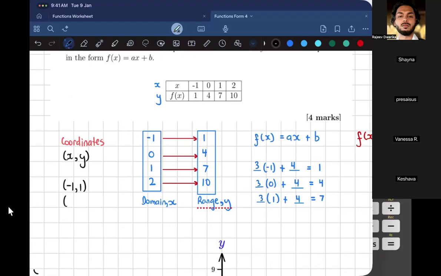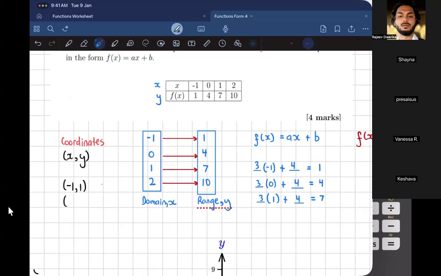Um, sir, I'm kind of confused. Okay. So remember how I told you a function is like a machine? You take something, you put it in, and you get something out. Was it you I told that to? Yes, sir. Okay. What you're putting in is called x, and that could be any value.